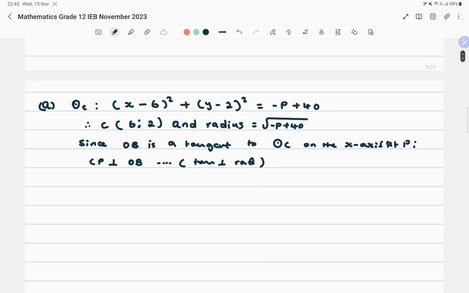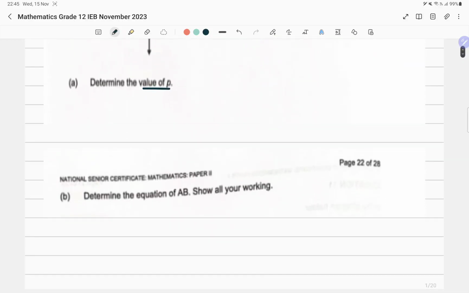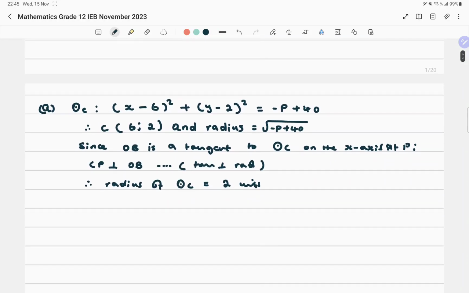We can say also, therefore, the radius of circle C is equal to 2 units. Of course, someone can tell what is going on here. You will have indicated some of the things. Sometimes the explanations get a little bit boring and you don't want to end up writing a very long essay.